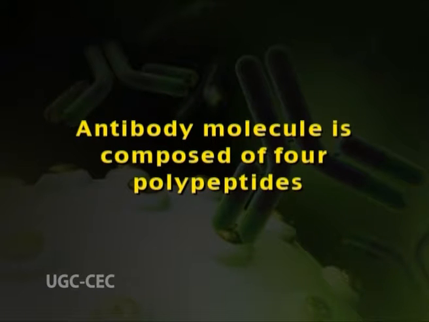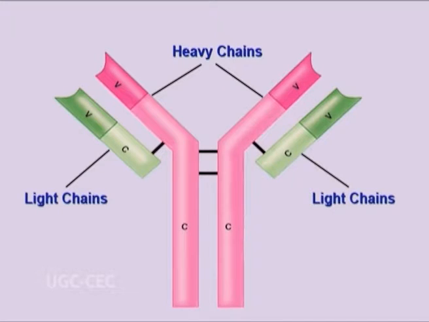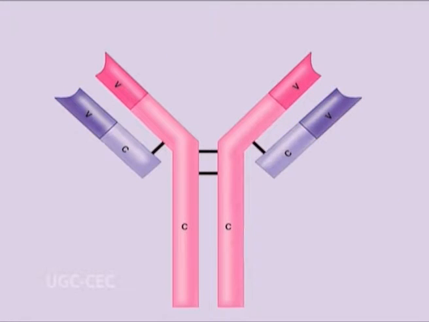Antibody molecule is composed of 4 polypeptide chains. The existence of 2 light and 2 heavy chains was ascertained by treatment of antibody molecule with beta mercaptoethanol. The disulfide bonds are cleaved by beta mercaptoethanol without any effect on peptide bonds.